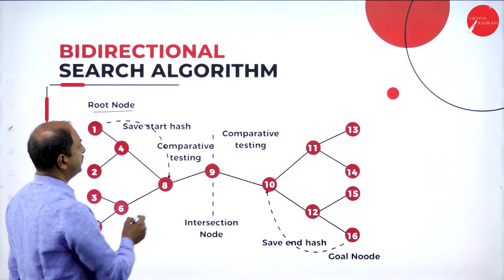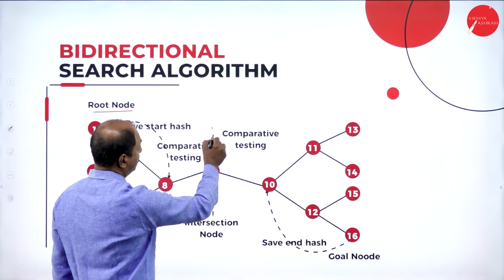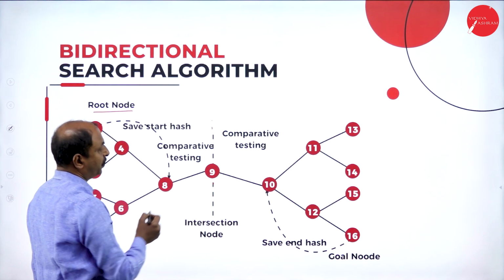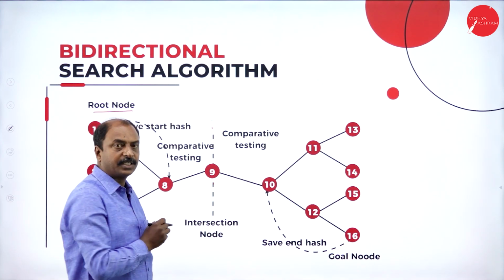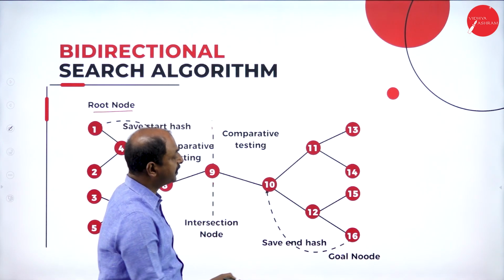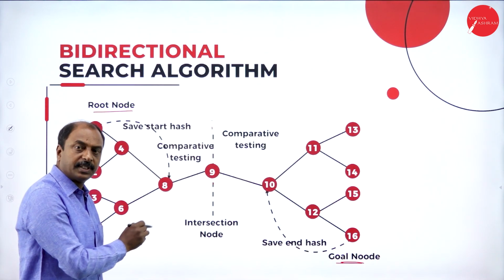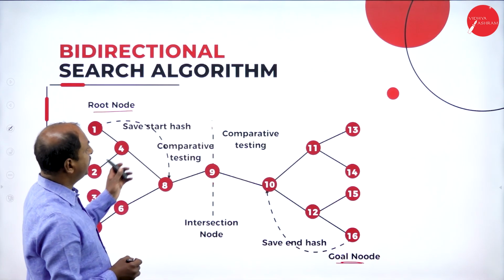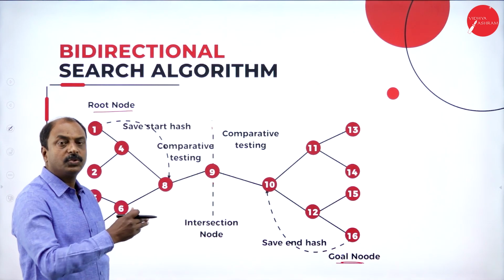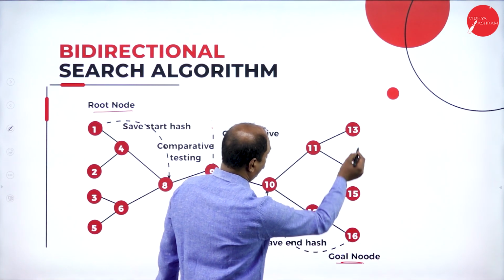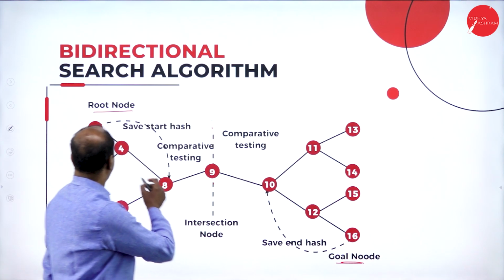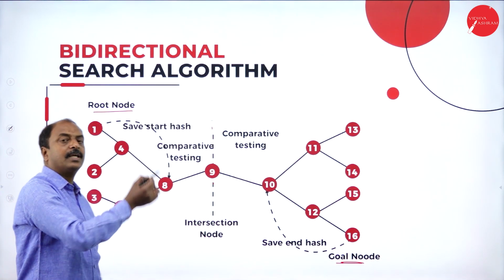Here, node 9 is called the intersection node, and this is the goal node. As you see in the diagram, the entire graph is divided into two subsets. This is one part of the given graph, and this is another part.